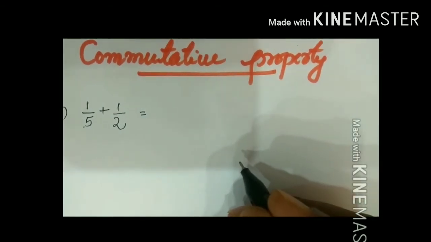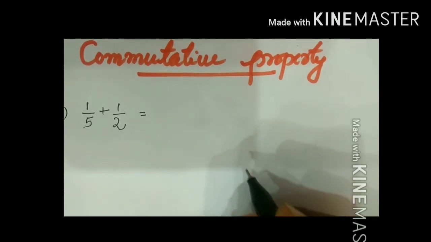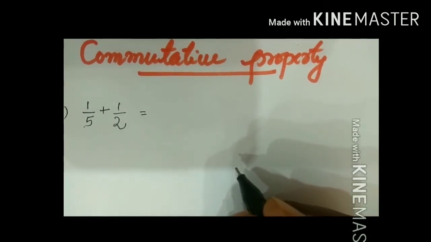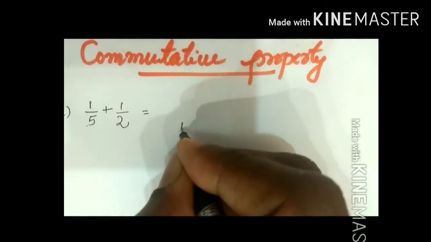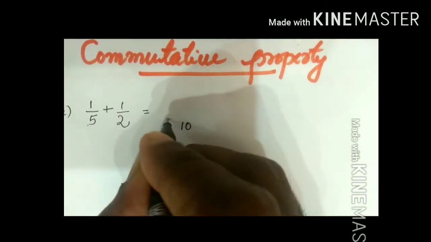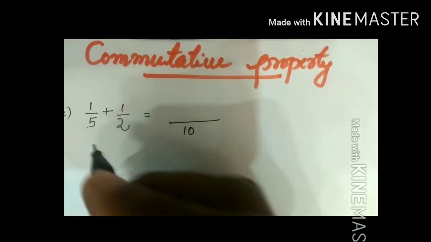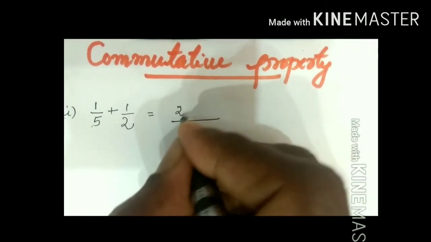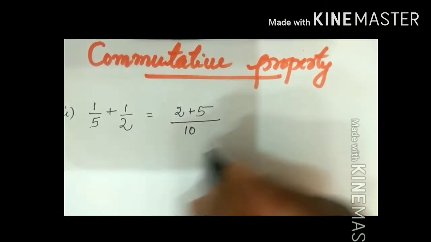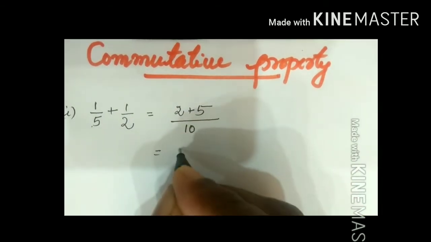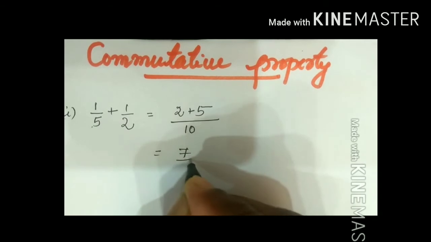Are the denominators the same? No, they are different. So in this case, we have to take the LCM. What's the LCM of 5 and 2? It is 10. So 5 2s are 10, and 2 5s are 10. The result will be 7 by 10.